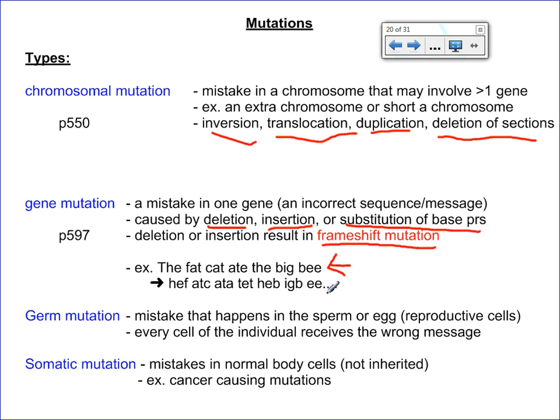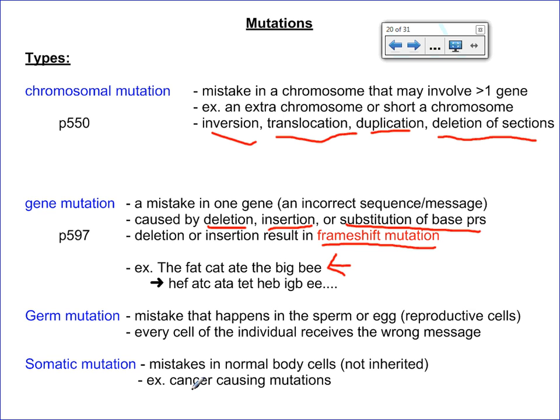A germ mutation is one that happens in the sperm or egg, the reproductive cells. That means if it happens in those, then every cell of the individual is going to have that mutation. If it's a somatic mutation, it occurs in the rest of the cells, and it's probably just going to be localized to that region.